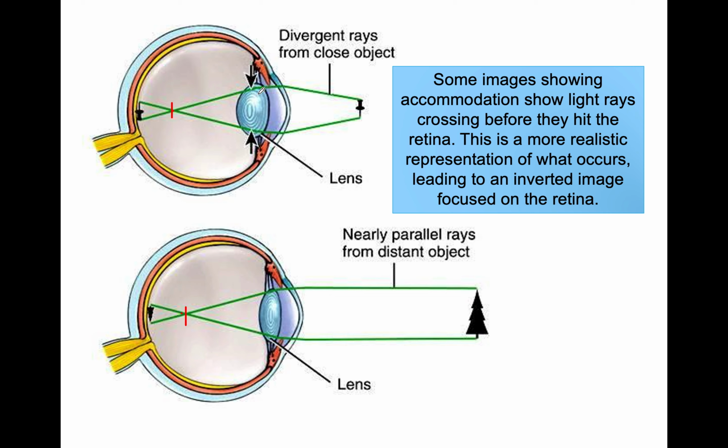But again, we see this same principle. A close object with divergent rays requires greater convergence and therefore a more spherical lens to produce that focal point. A distant object with nearly parallel rays will require less convergence, and therefore the lens is flattened.